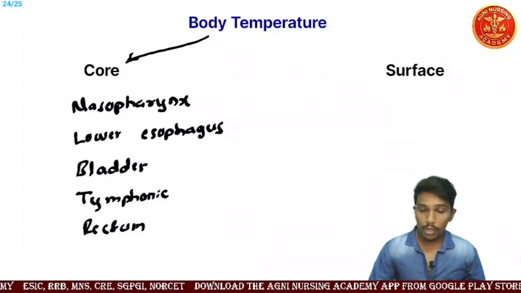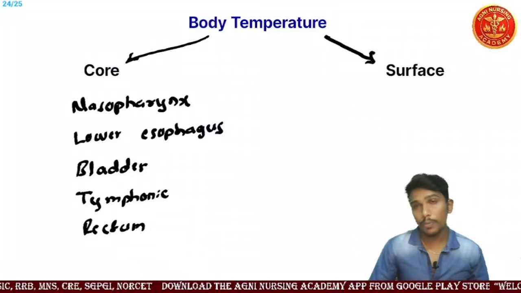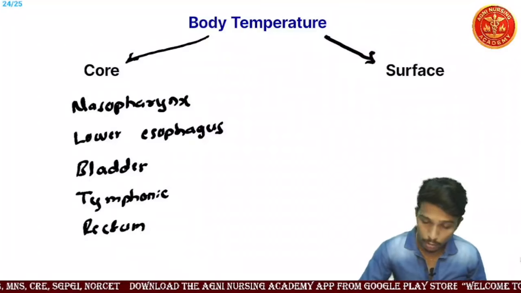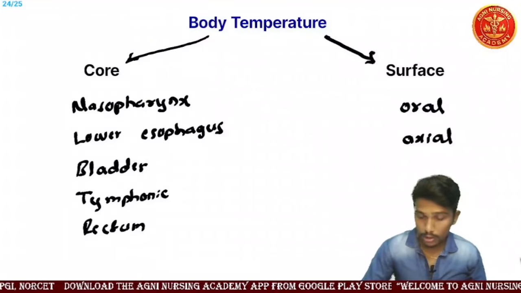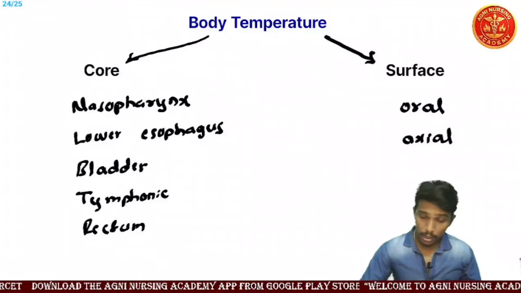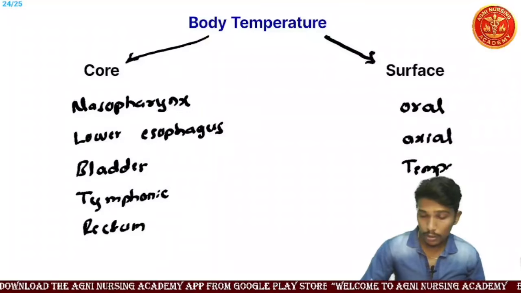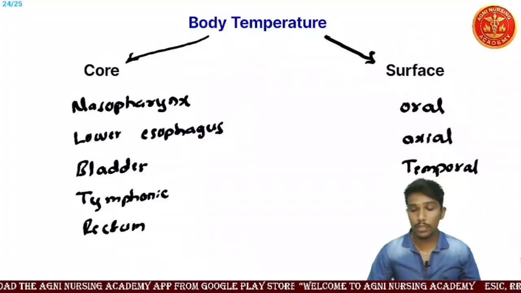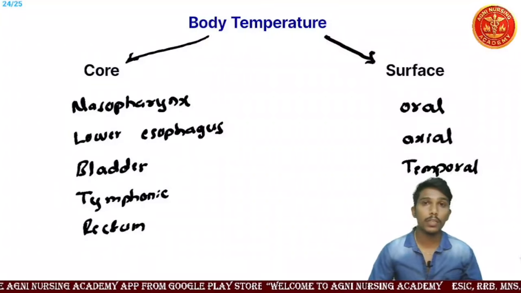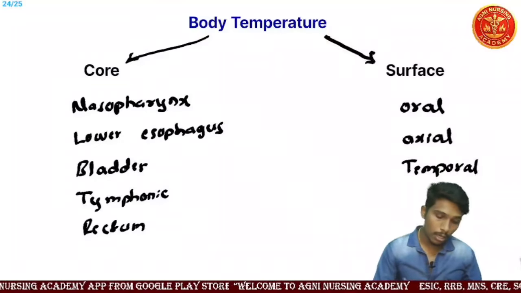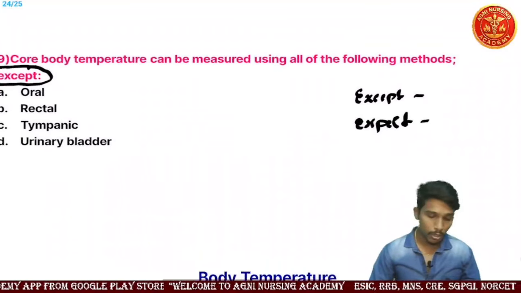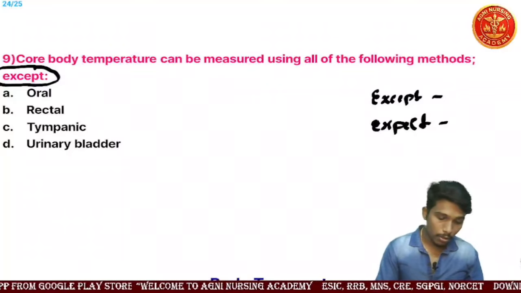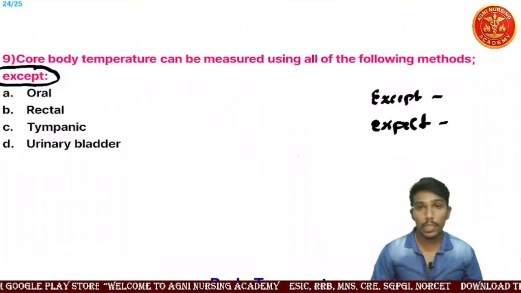And which are the surface body temperature sites? Those are oral, axillary, and temporal. These are the sites where we can check surface body temperature, and those are core body and these are surface. Then coming to the options. Okay, what is this? They are asking core body temperature except.